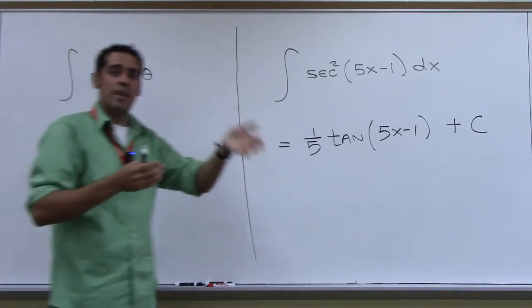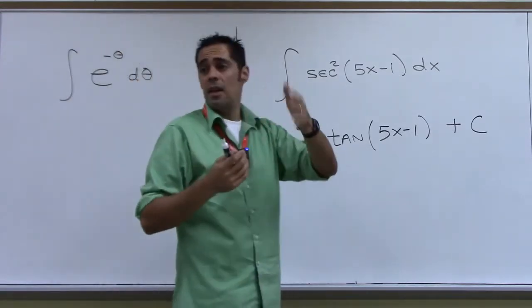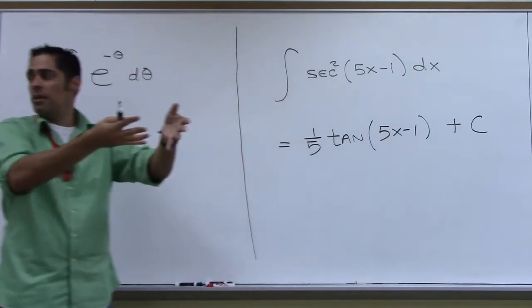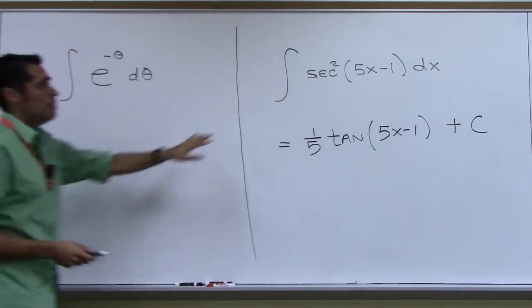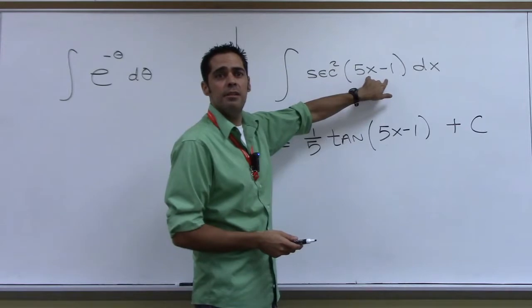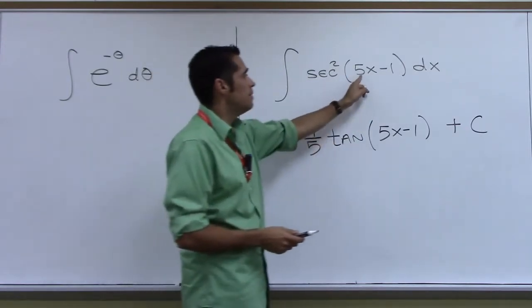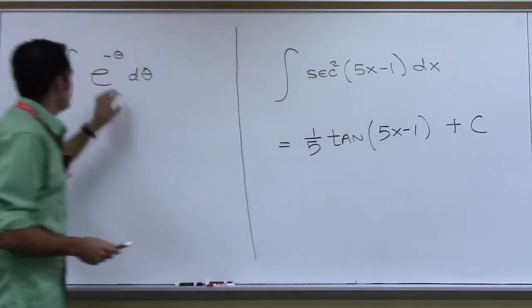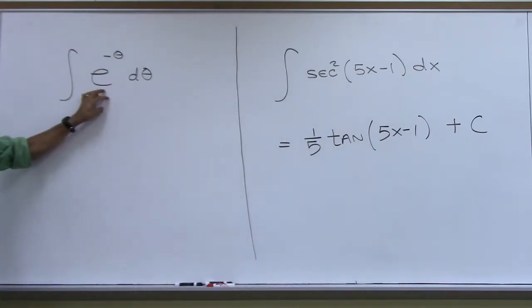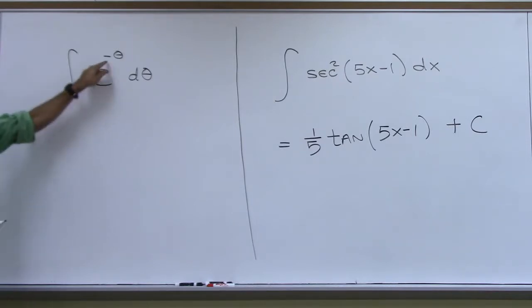So if you have sine of theta, theta is the argument. If you have sine of theta plus 2, theta plus 2 is the argument. So in this particular problem, the argument was linear, wasn't it? So I know I have to scale by the number in front of the variable. What's the argument here? Negative theta. Is that linear?